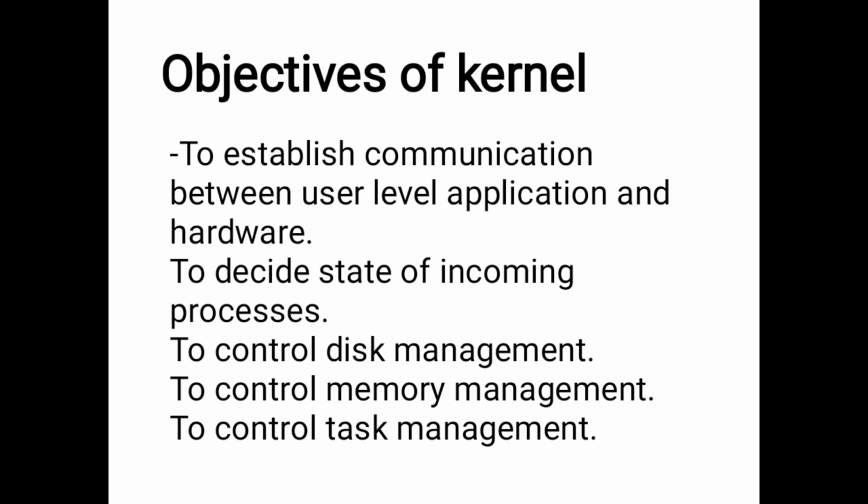It decides which process needs the processor and which process will reside in main memory. Now it also controls disk management, memory management and task management. These are the objectives of kernel.